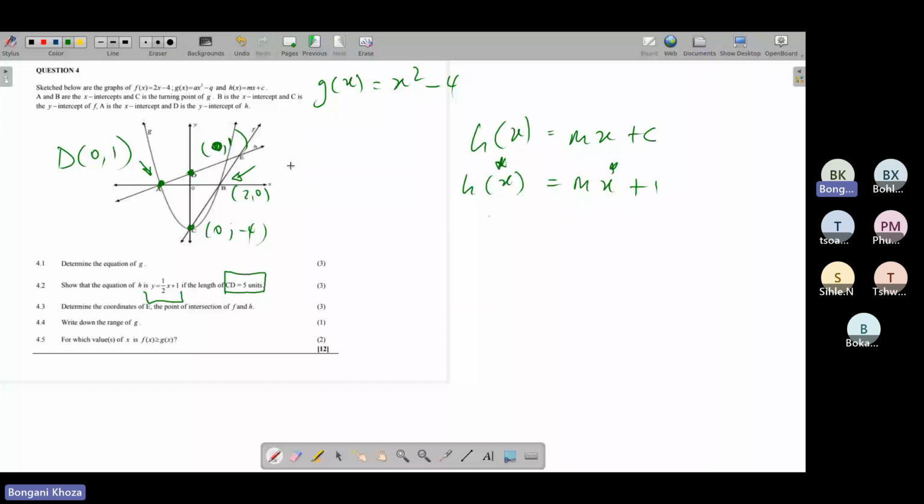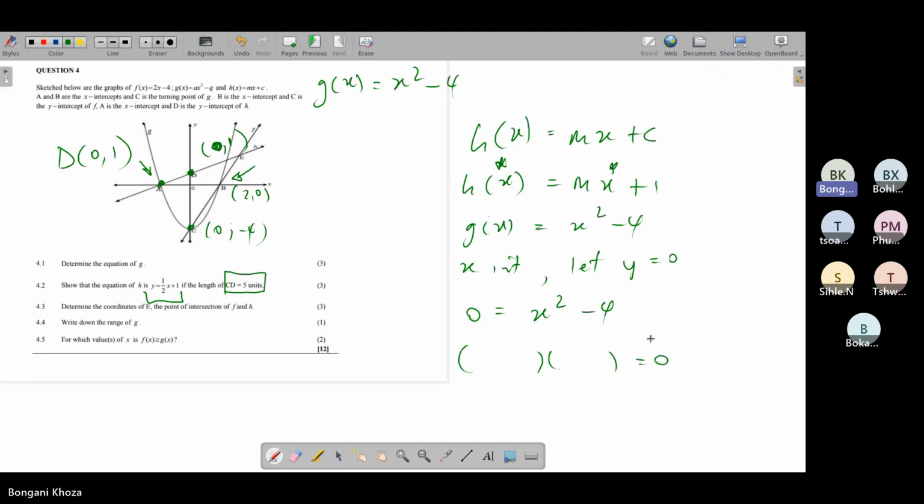So we'll say g at x equals x squared minus 4. We are looking for the x-intercept, so you let your y value be 0. So 0 equals x squared minus 4. Remember, this is your difference of two squares. So you can just open two brackets, and then you'd have x and x, 2 and 2, plus and minus.